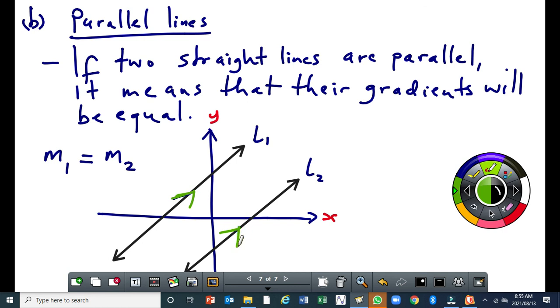This is only true if L1 is parallel to L2. So if you've got two lines that are parallel, their gradients are equal. Please take note, by M1 I mean the gradient of line 1, and by M2 the gradient of line 2.